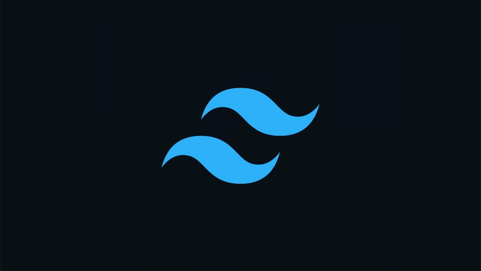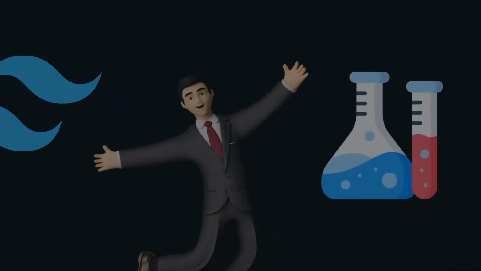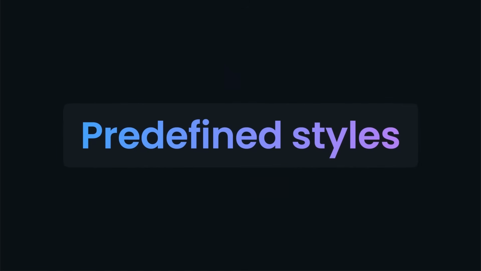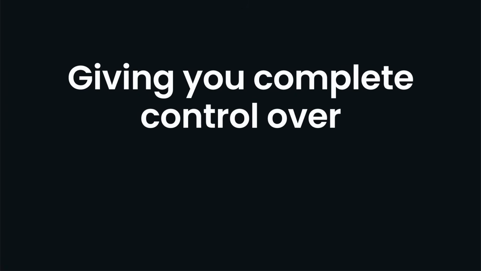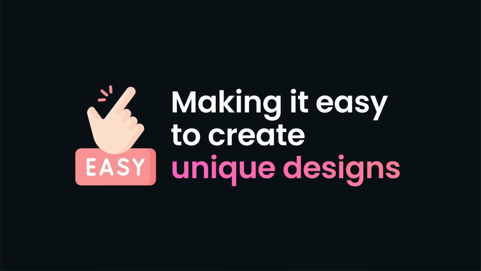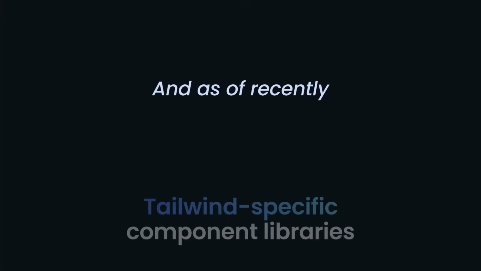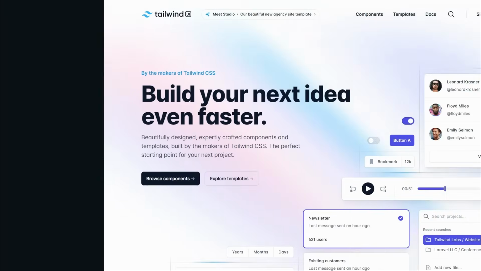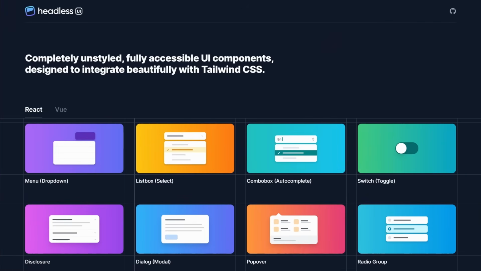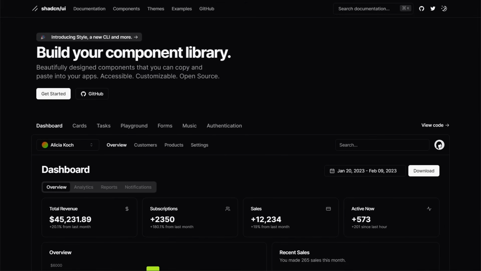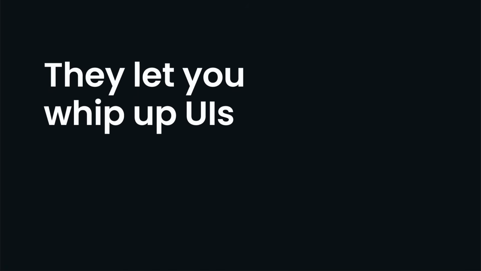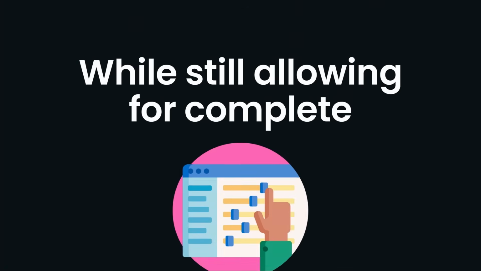But with Tailwind, you get the freedom to create your own flavor. It doesn't impose any predefined styles on you, giving you complete control over the customization, making it easy to create unique designs. And as of recently, Tailwind-specific component libraries like Tailwind UI, Headless UI, and ShadCN have started spawning. They let you whip up UIs lightning fast while still allowing for complete customizability.